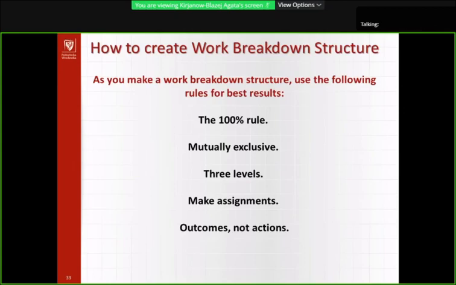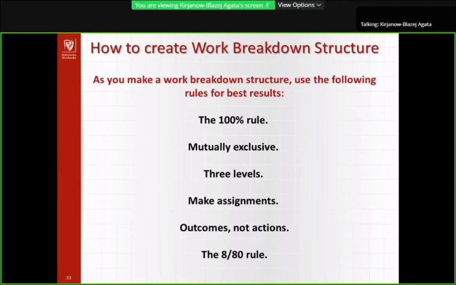Remember to focus on deliverables and outcomes rather than actions. For example, if you were building a bike, a deliverable might be the braking system, while an action would be to calibrate the brake pads. And last rule, the 8-80 rule.